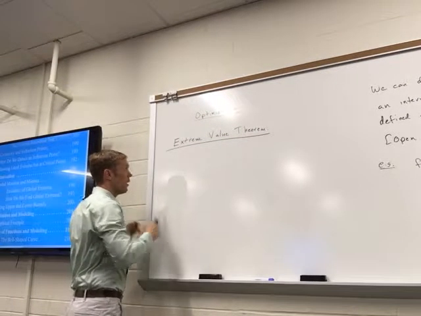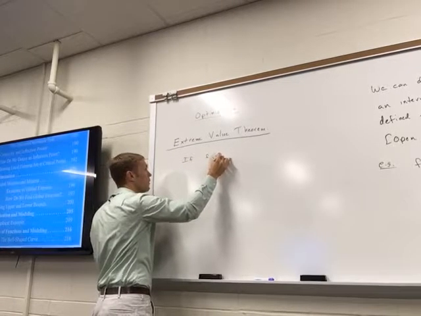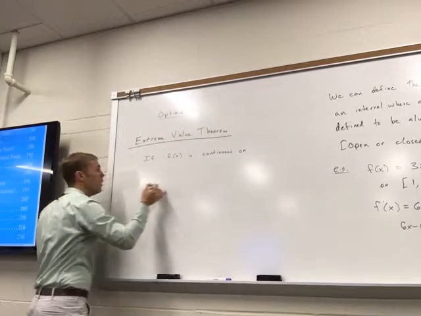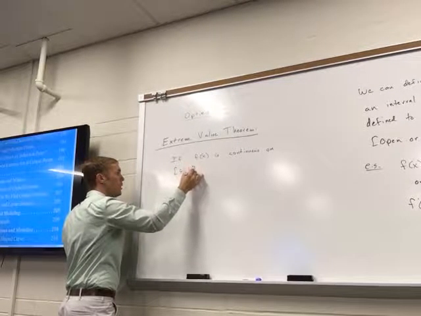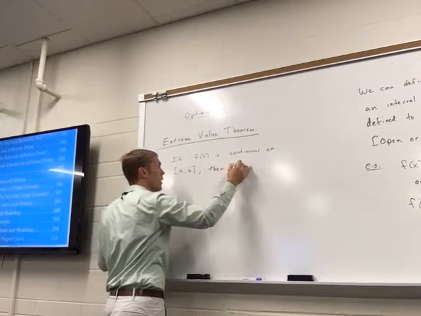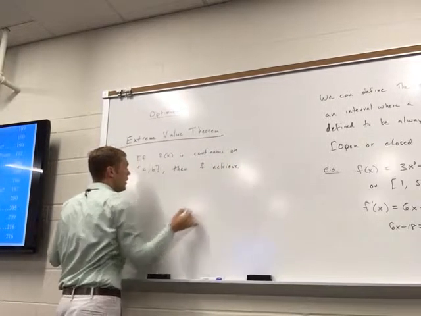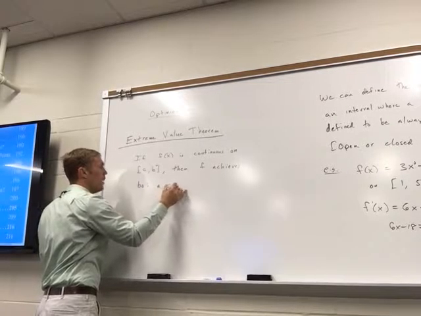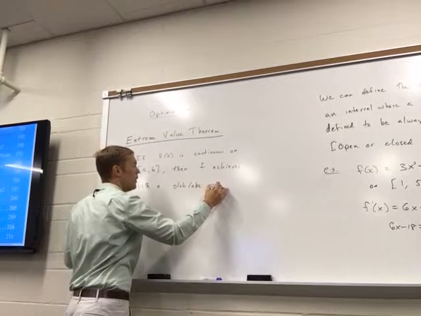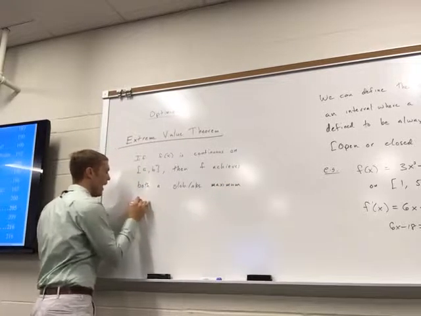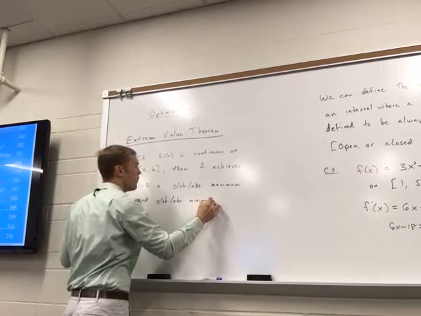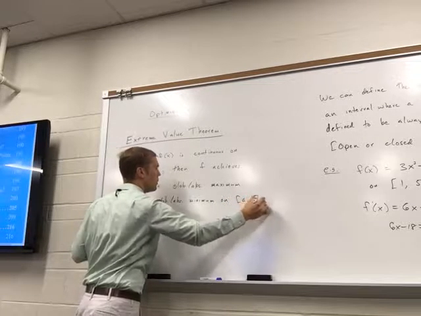The extreme value theorem says if f of x is continuous on the interval a to b, then f achieves both a global / absolute maximum and global / absolute minimum on the interval a to b.